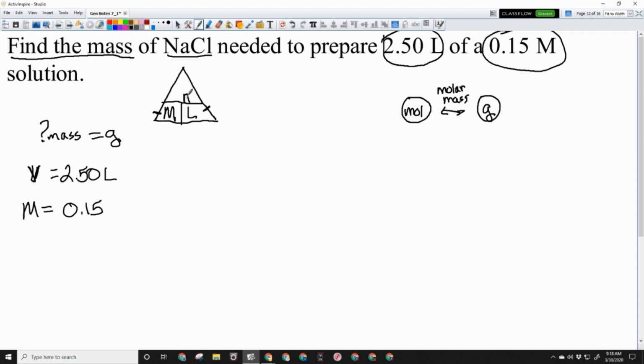All right, so we're looking for moles here. So our formula is molarity times liters. Okay, make sure this is in liters. It is. Sometimes they're sneaky and they give you milliliters, so make sure it's in liters. So we have 0.15 molarity times 2.50 liters, and that's going to give us moles.